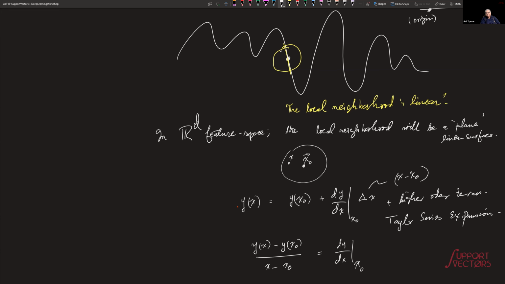This is practically the definition of the derivative, in the limit of x tending to x0. You know that in calculus, this is practically the definition of a derivative, and this is your Taylor's expansion. So this is true in one dimension, isn't it?